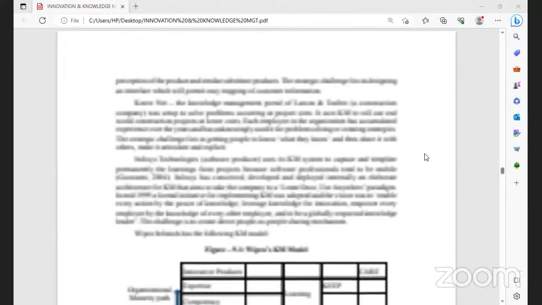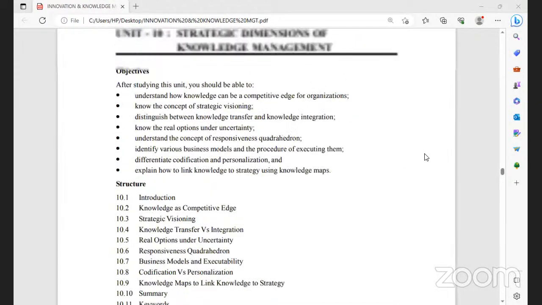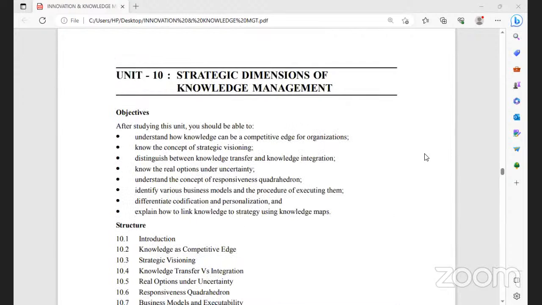Now, the next concept relating to our subject is strategic dimensions of knowledge management. Means how strategically we implement to get more accurate results in the real-time scenario.